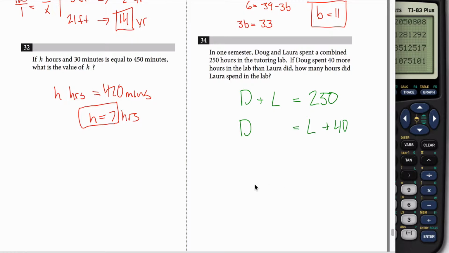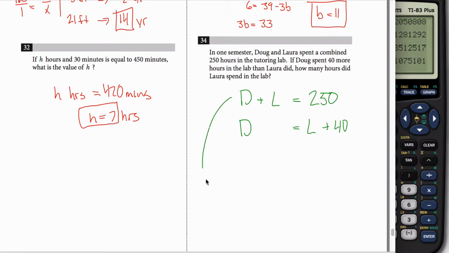You can solve a system of linear equations by adding the equations or by substitution. I think in this case it might be just as easy to do substitution. It's asking me how many hours did Laura spend in the lab, which is nice. I'd get rid of the d's if it's asking me to solve for L. So to get rid of the d's, I'll have to initially solve one of my two equations for d. This one's already solved for d.